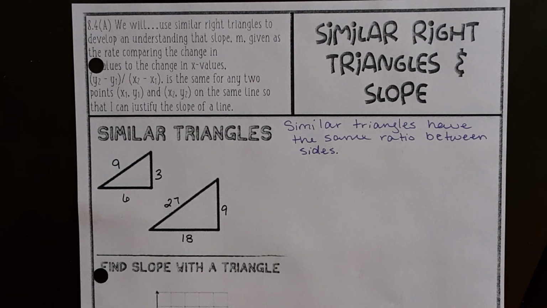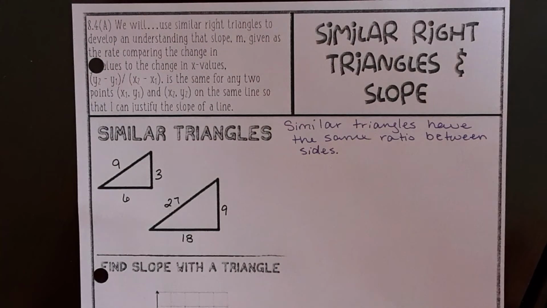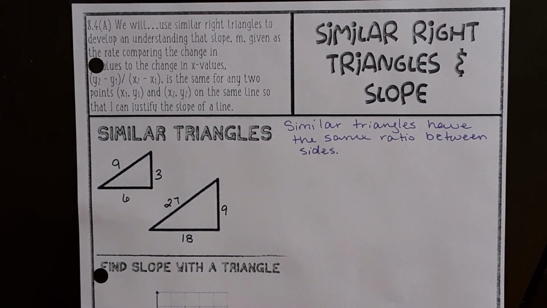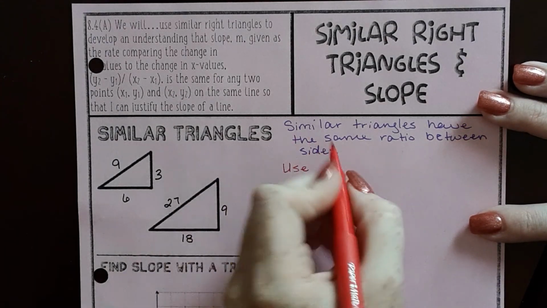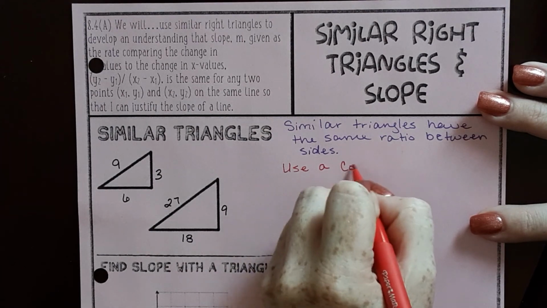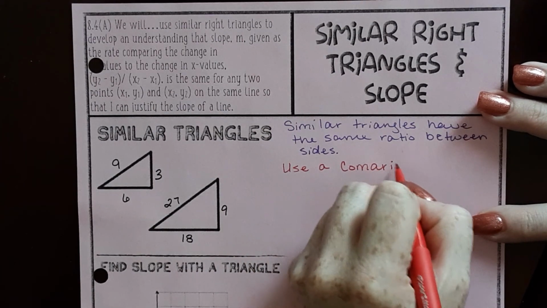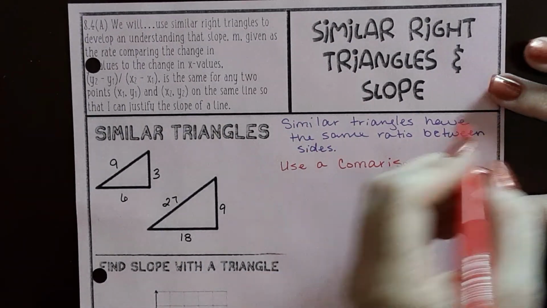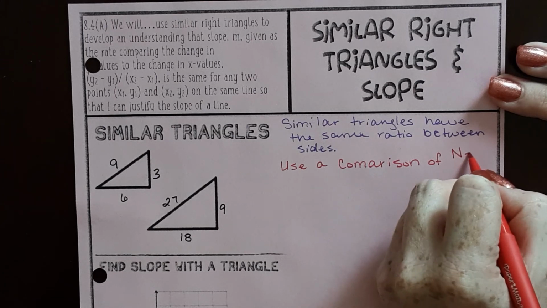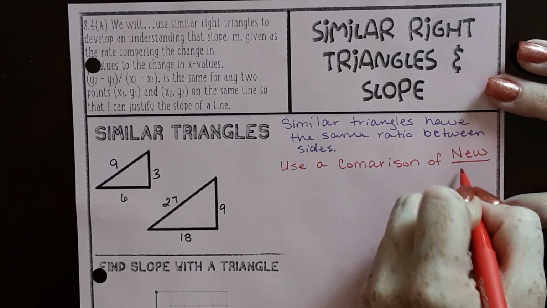And we find this ratio between sides by comparing our new and our old shapes. So we're going to use a comparison of new over old.